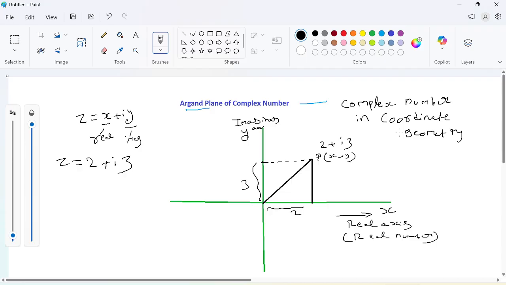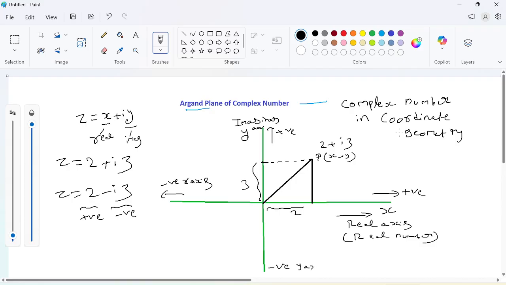Now suppose I have another complex number z is equal to 2 minus i3. Where will it come? Your 2 is positive, that's the real axis positive. Your imaginary part is negative. The positive y-axis is this direction, the positive x-axis is this direction, the negative x-axis is this direction, and the negative y-axis is this direction.